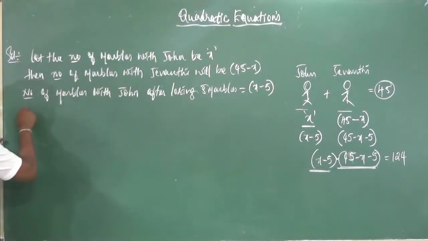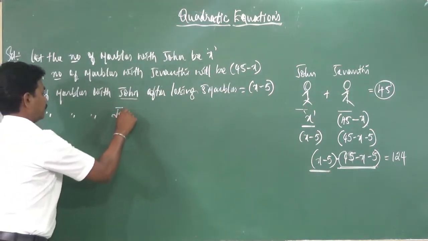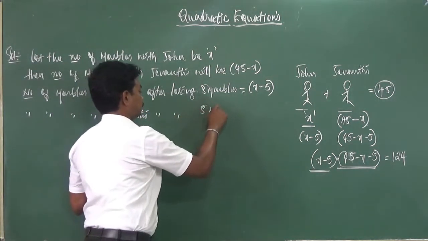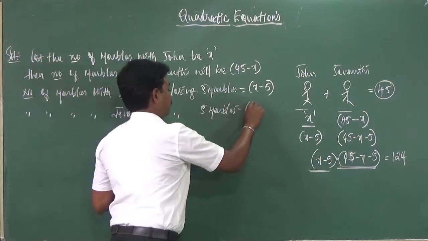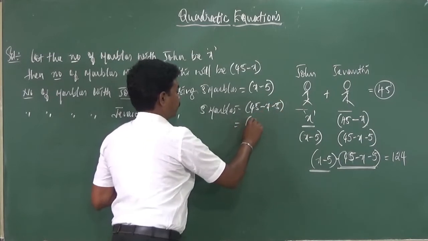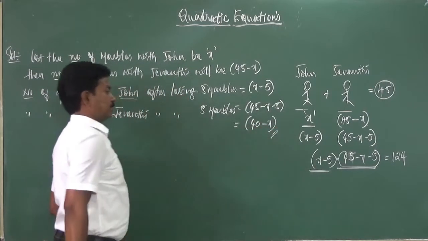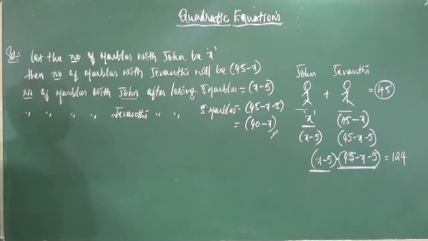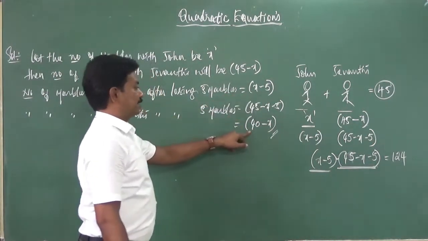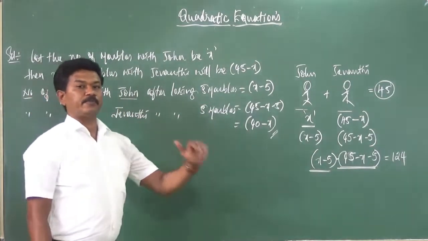Next, the same thing, the number of marbles with Jivanti after losing 5 marbles will be 45 minus x minus 5, so that comes to 40 minus x, right? So now, according to the given condition of the problem, the product of the number of marbles with John and with Jivanti, when you multiply those two numbers, is 124.